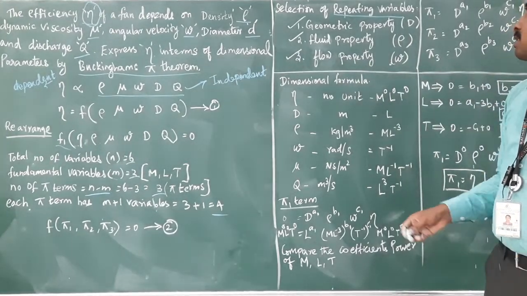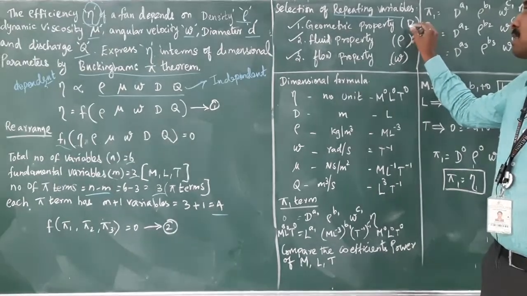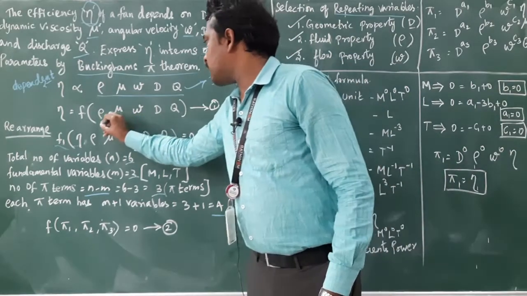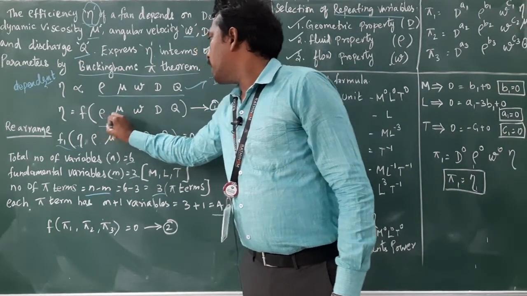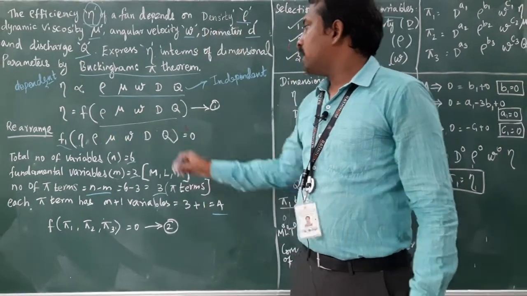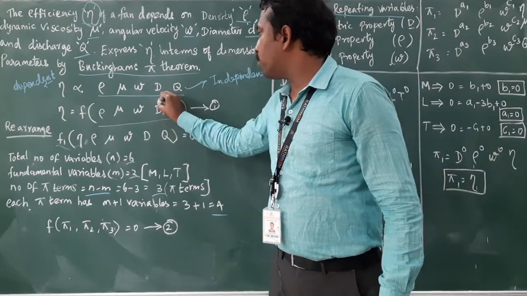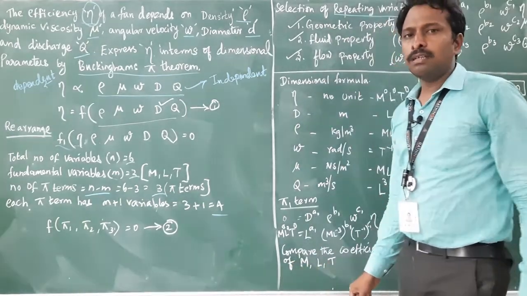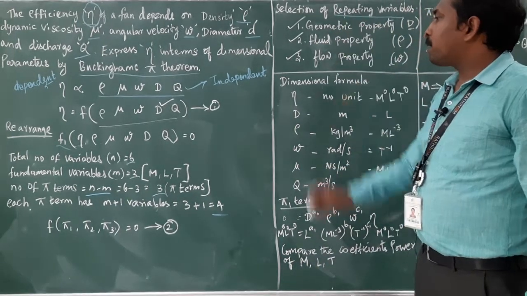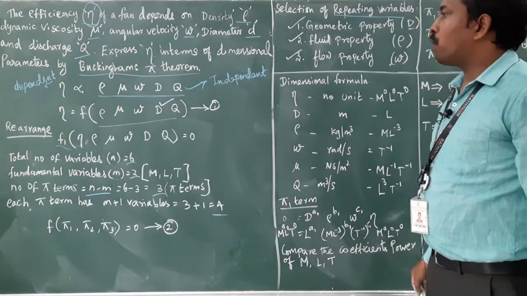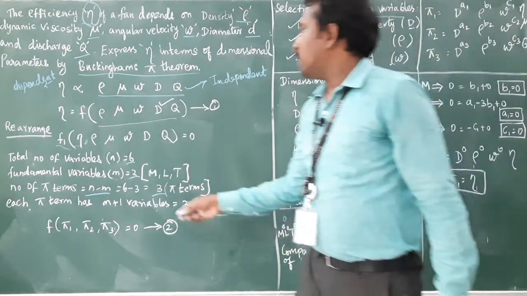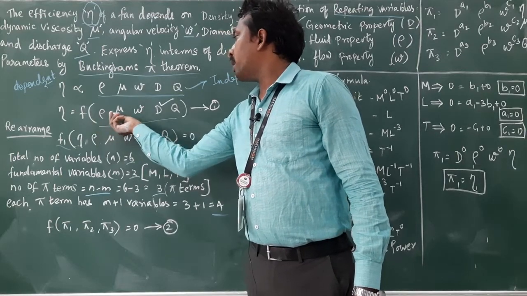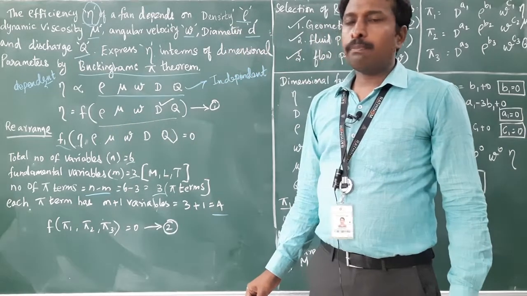Here I am selecting the geometric property variable as diameter. In the total number of variables I am selecting from the independent variables. The geometric property variable I am selecting is d. D is the diameter, which is the geometric property variable. Next, fluid property variable. Here the fluid property variables are rho and mu.